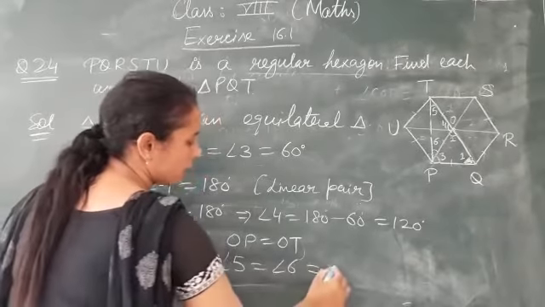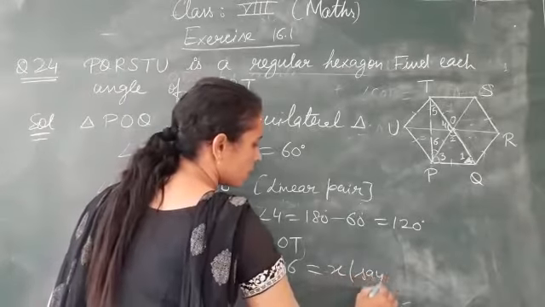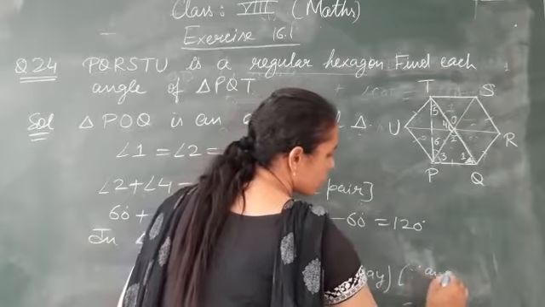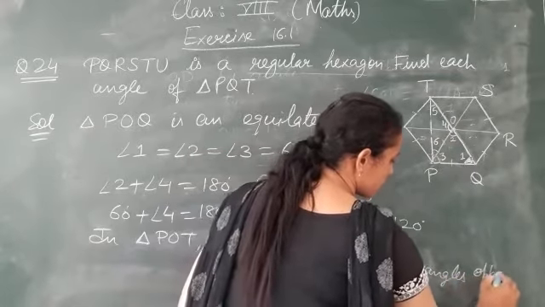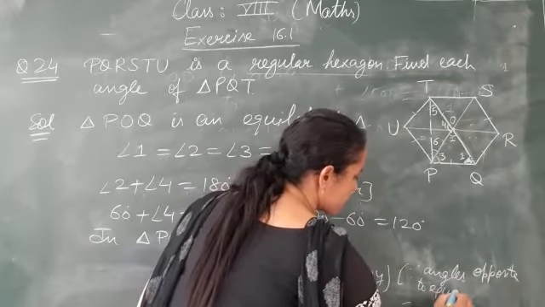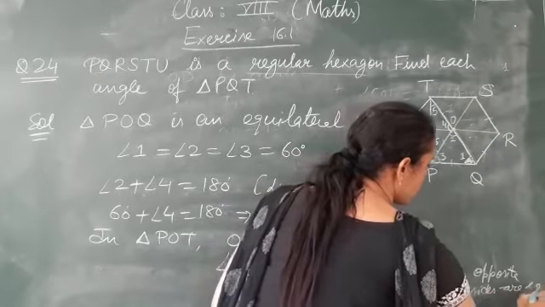If these are equal, we can take that they are equal to x, say, because angles opposite to equal sides are equal.